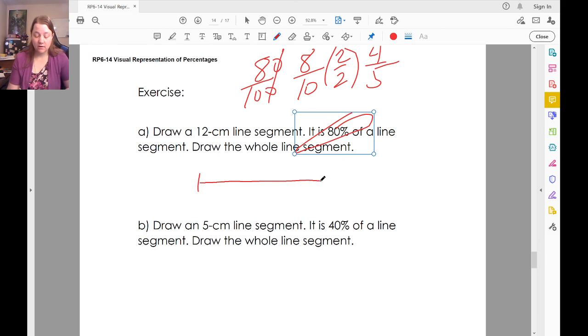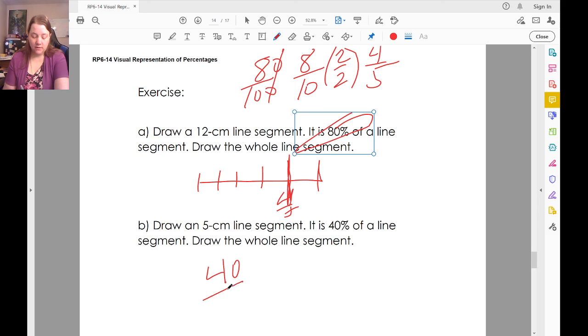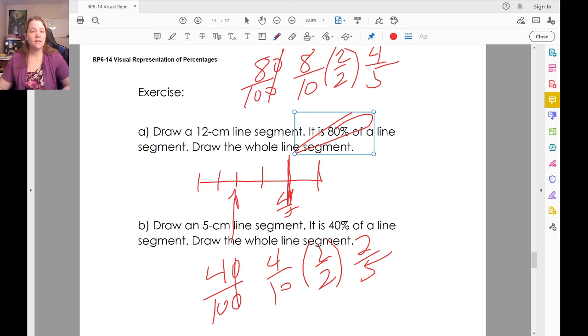So that means there are 5 parts that make a whole, and our line is at 80% or 4/5 of it. 40% of a line segment would be 40 over 100, simplified is 4/10 by 2 over 2 would be 2/5. 40% would be right there.